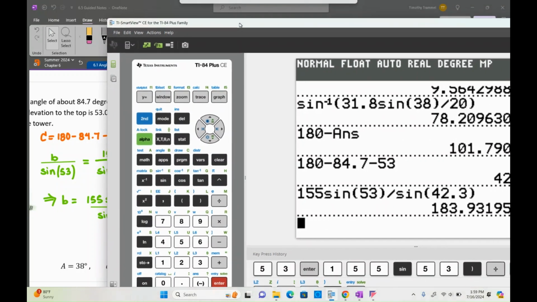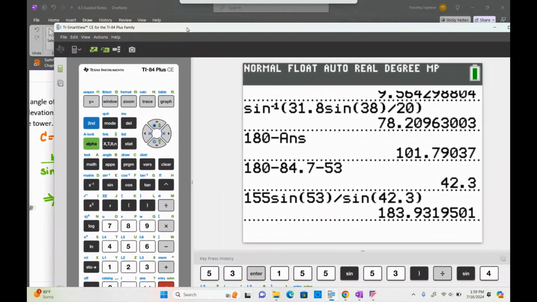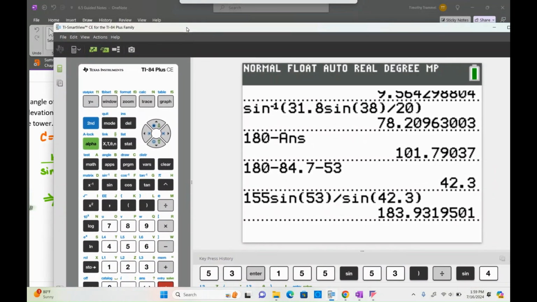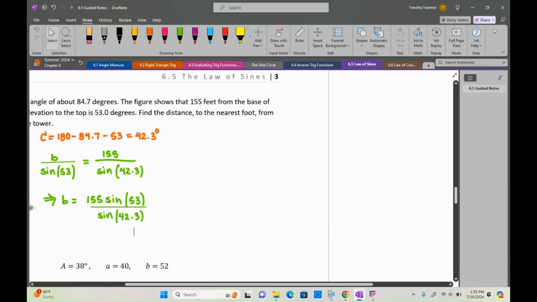We wanted to round the distance to the nearest foot, so the nearest whole number. If we round that, it looks like we're going to get 184. So about 184 feet. There we go.